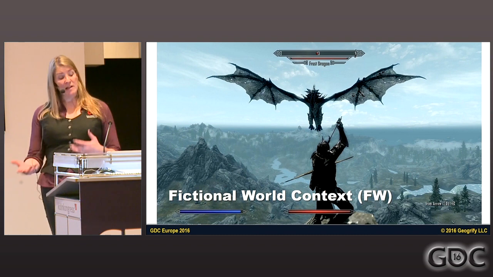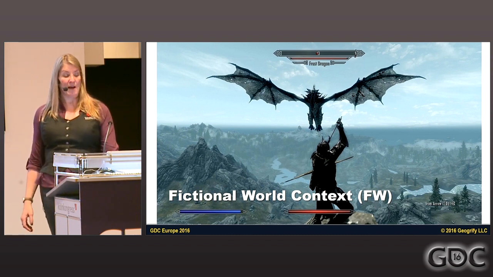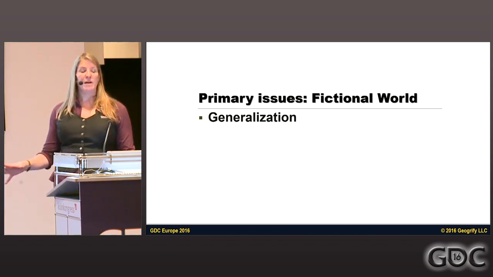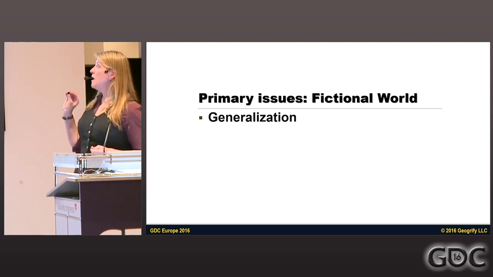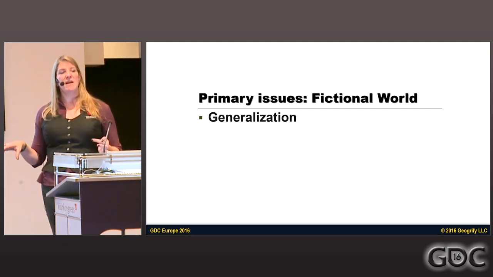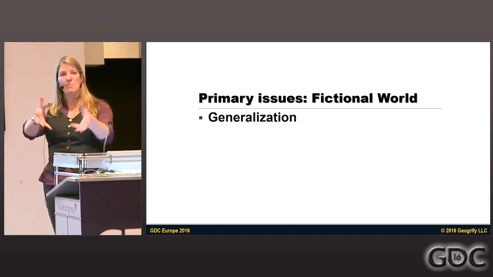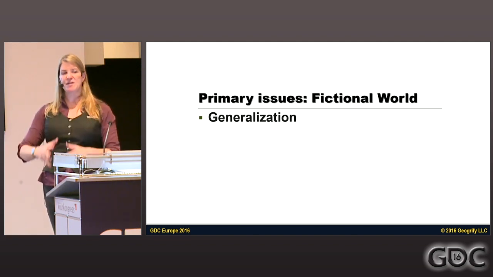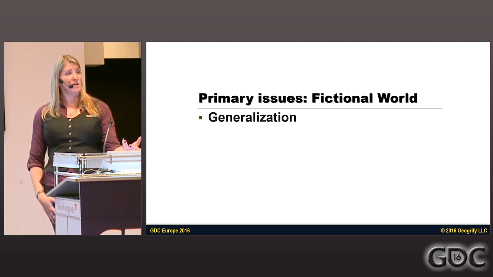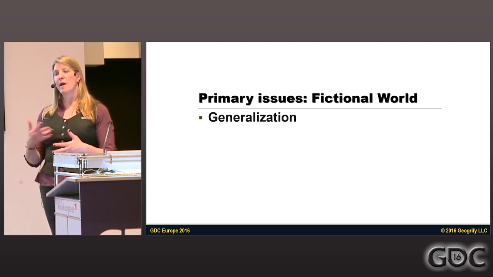So let's talk about fictional world context now. The primary issue that happens in the fictional world is sometimes we have generalization, where the developers lump everything together, as if all of these cultures are the same. That started happening in Jade Empire when we were creating that game.